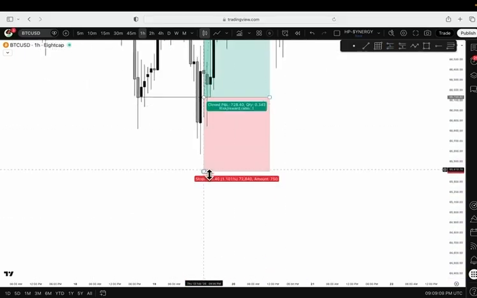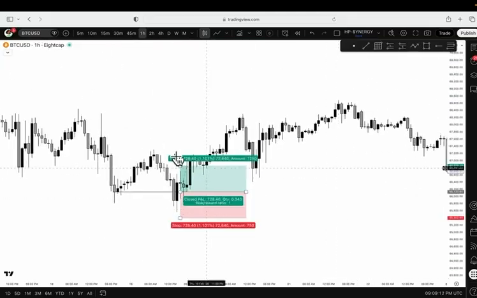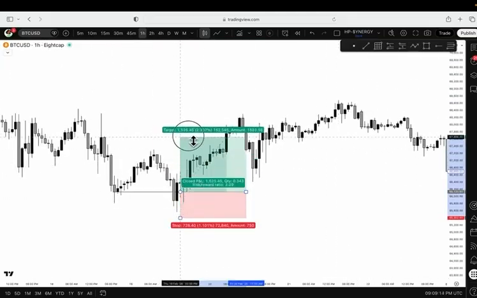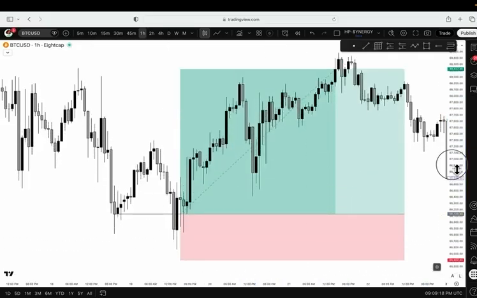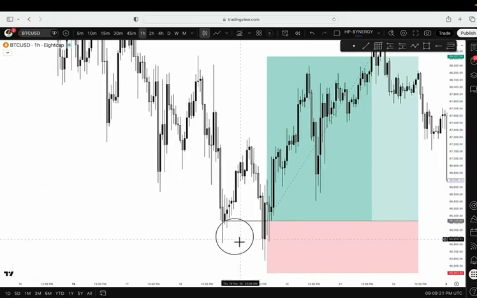So the buy occurred from here. 3. So let's see if we can get a single candle order block inside here.